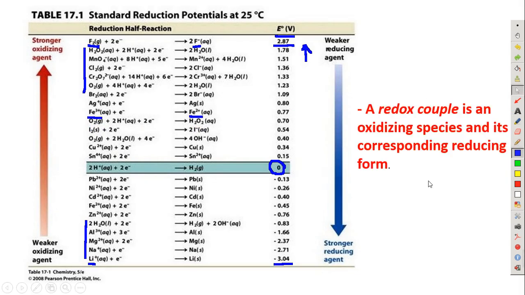A redox couple is an oxidizing species and its corresponding reducing form. So when you've got the two, the oxidizing species and reducing form, this forms a couple. So again, we can take another example. Cu2 plus and Cu, the two together, they form what is called a redox couple. Okay.